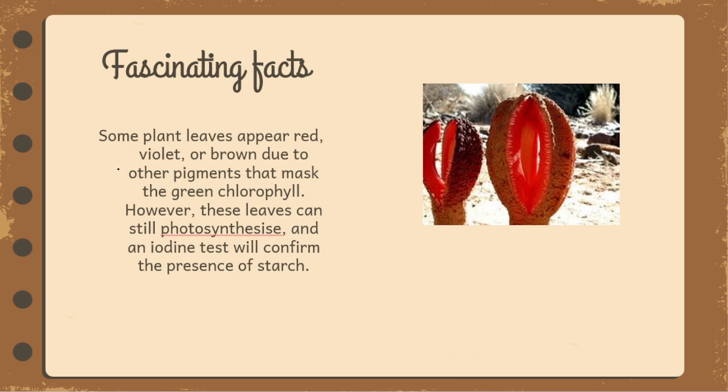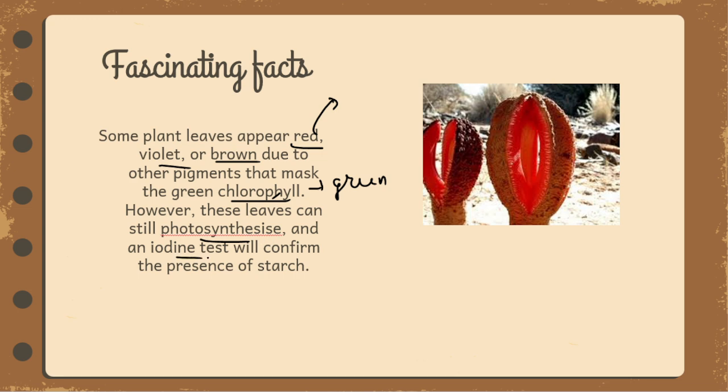Now, some fascinating facts. There are leaves which are violet, red, brown, and other pigments. They do have chlorophyll. Chlorophyll doesn't always need to be green. They can show other colors as well, like red, violet, brown. And they also perform photosynthesis.